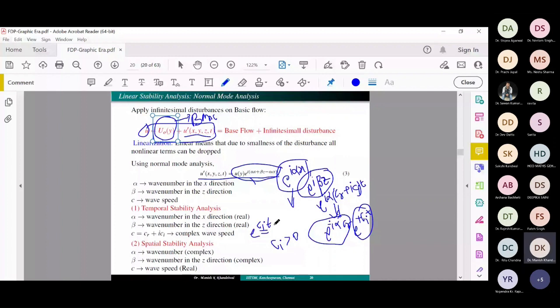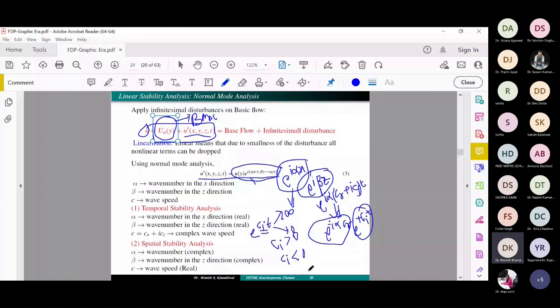If ci is less than 0, it goes to 0. And if ci is equal to 0, it is a fixed quantity, 1. Three cases are possible: ci greater than 0, ci less than 0, and ci equal to 0. These three cases decide the stable and unstable situations.